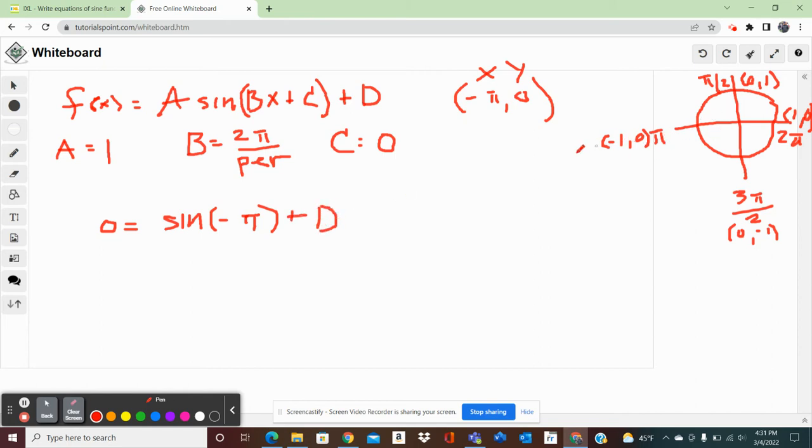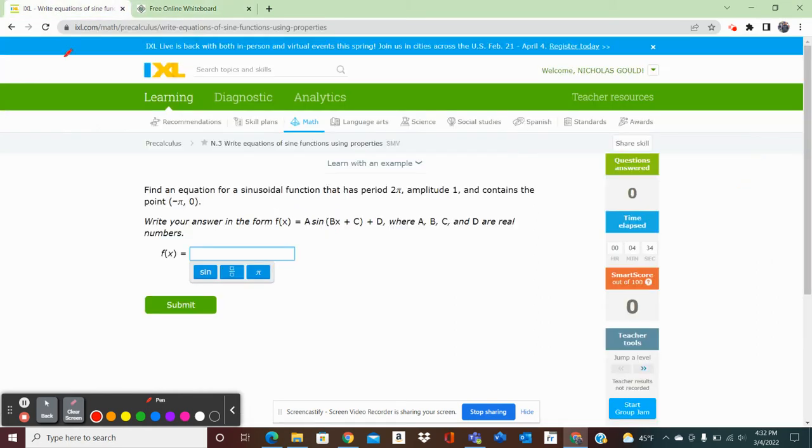Sine of negative pi is the same thing as sine of pi, because sine of negative pi will go in this direction and sine of positive pi will go in this direction, but they end up at the same point. So the y value at that point is 0, and we know sine of negative pi is 0. So d will be 0. Our function here will be sine x. So we go back to our IXL, type in sine x, and hit submit.